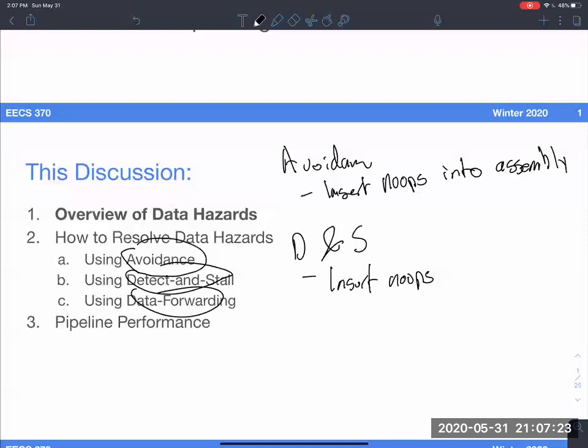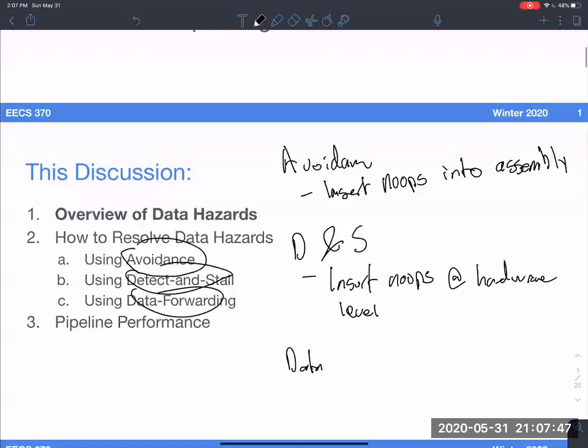If we detect some kind of data hazard, we just stall the program and insert no-ops instead of fetching a new instruction. And then finally, we have data forwarding. This is just a quick fix of some of the above to make sure we have fewer no-ops to insert. So let's get into it.